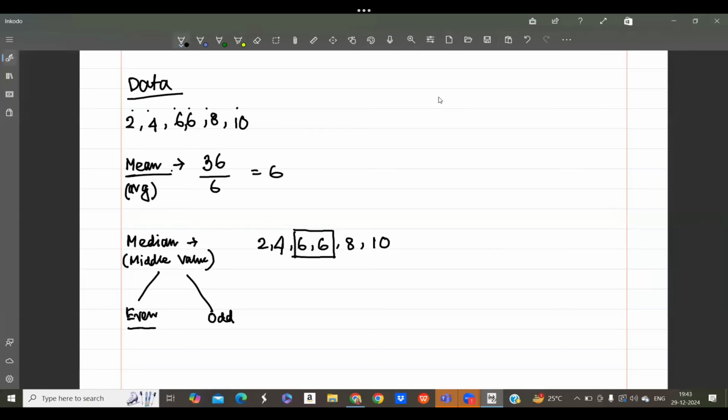Okay. But if you have odd number, let's say 1, okay. So how many data points? 1, 2, 3, 4, 5. So in that case, if you have odd number of data points, in that case, we can easily find the middle value. We can easily find out the median.